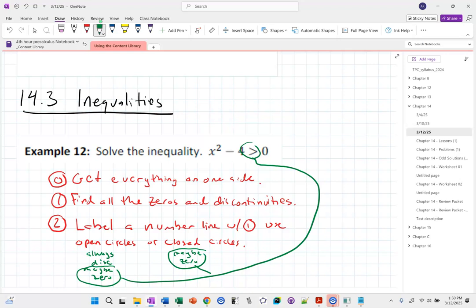Okay? We don't know from the get-go until we look at the inequality whether we're going to be drawing it with a closed circle or open circle. Discontinuity is always open. Everybody's okay? Now it's easy to tell for the 0 whether I want to use open or closed. All I have to do is look at the inequality symbol, but I've got to check it.